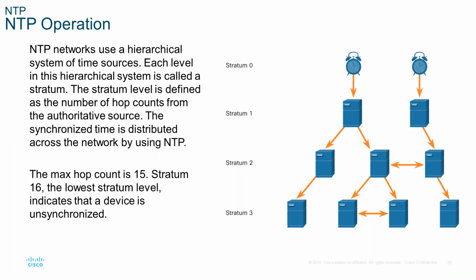So the authority is the clock, the original source, and NTP synchronizes its information as it moves down through the stratum levels and has a maximum hop count of 15. Anything above 15 is an unsynchronized device.